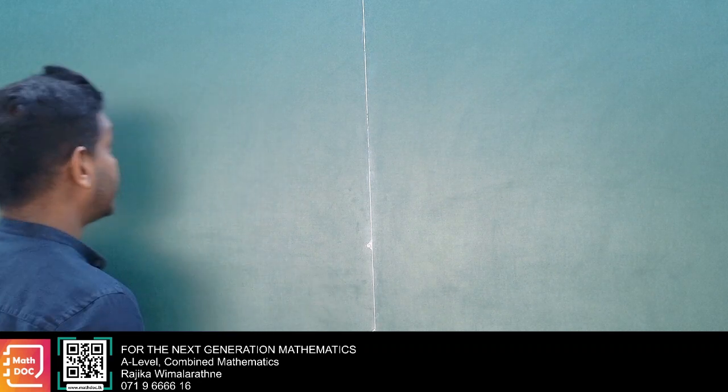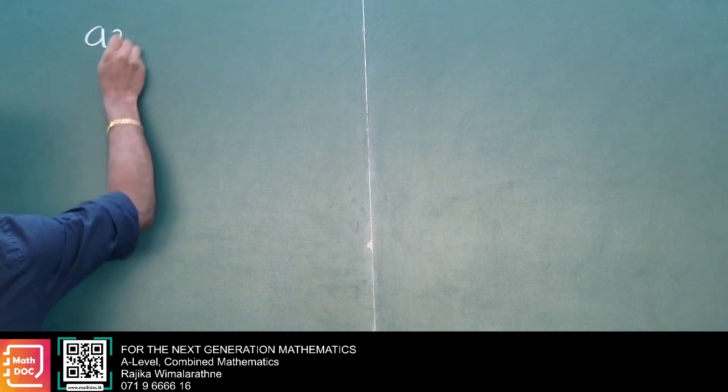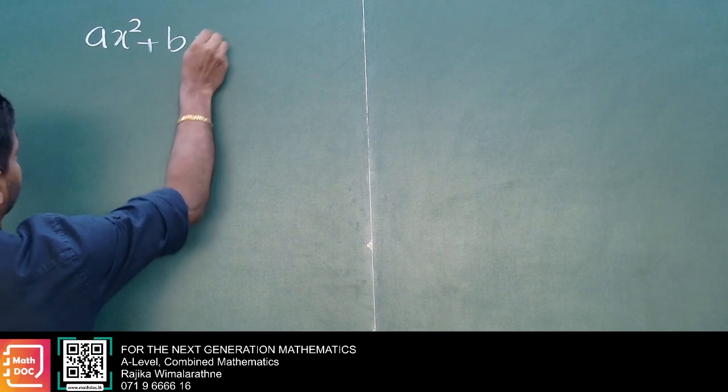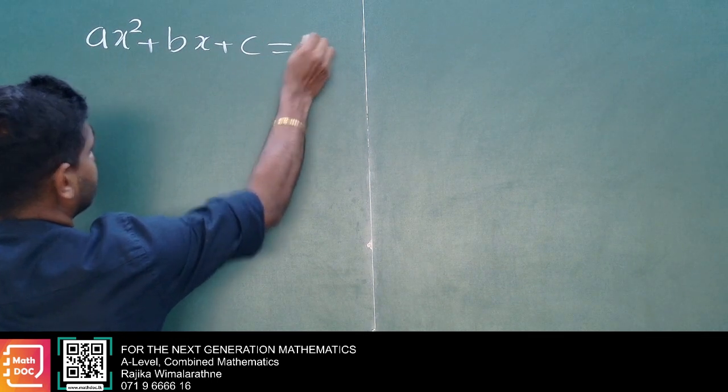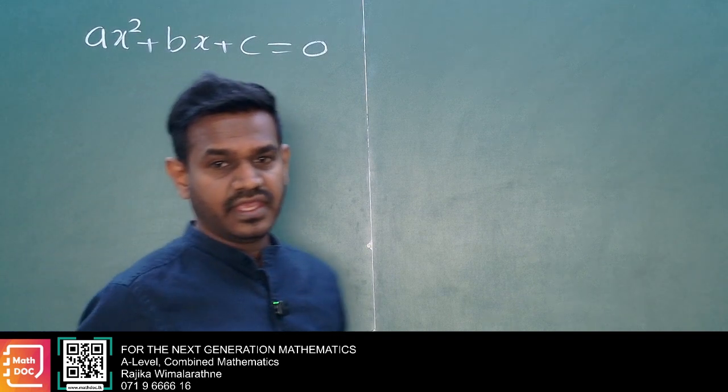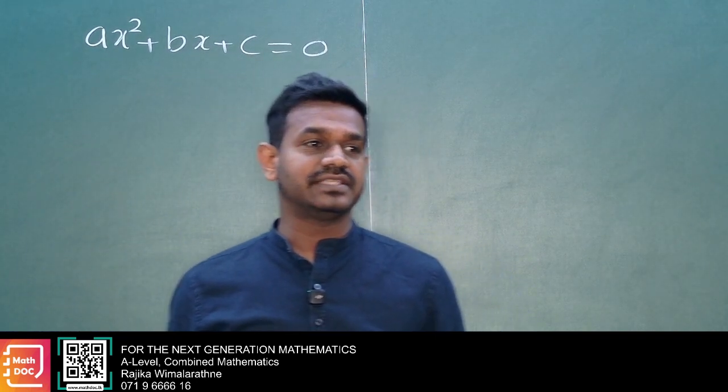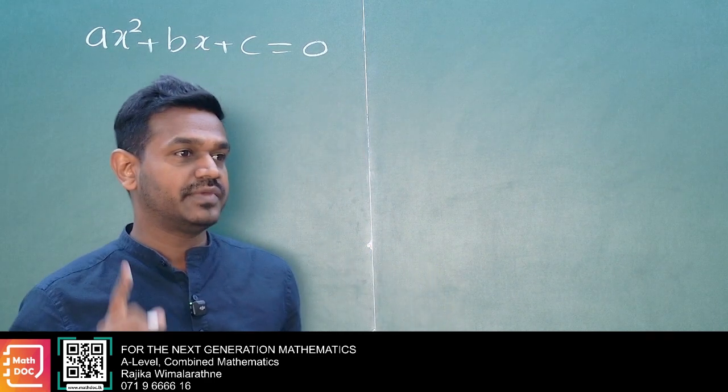Okay, let's start. Here we have quadratic equations. We have the quadratic equation ax squared plus bx plus c equals 0, the general form of a quadratic equation. There can be some equations which are reducible to a quadratic equation.